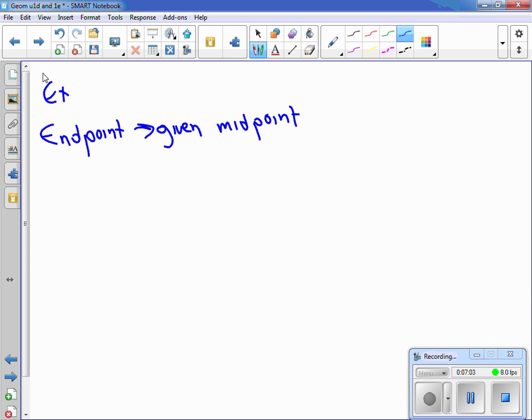So we have our midpoint formula. We have our x2 and x1, all over 2, and then we have our y2 and our y1 all divided by 2.